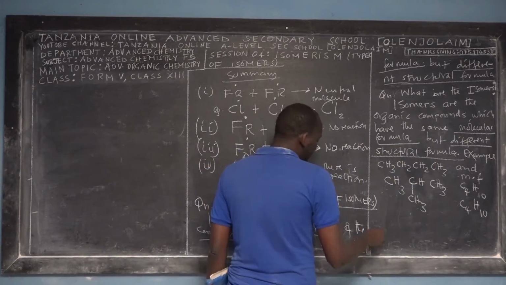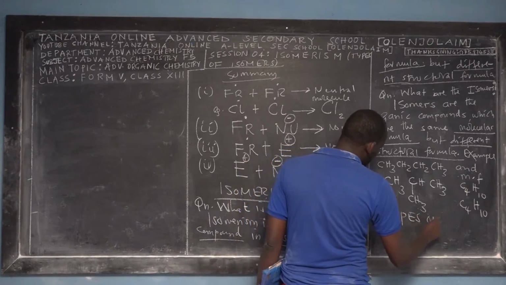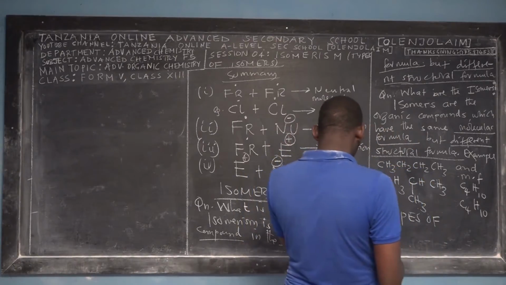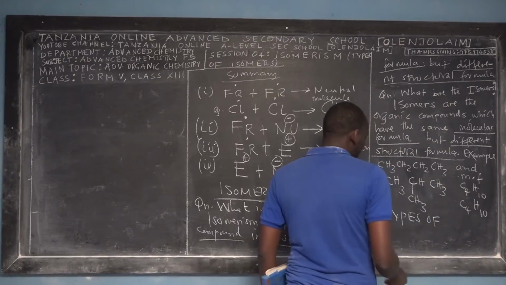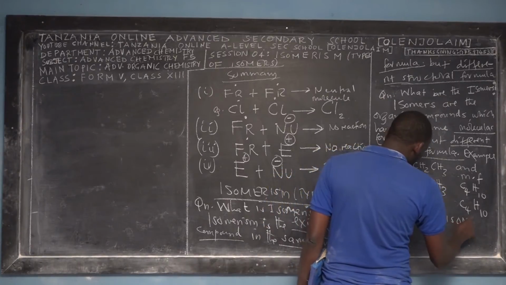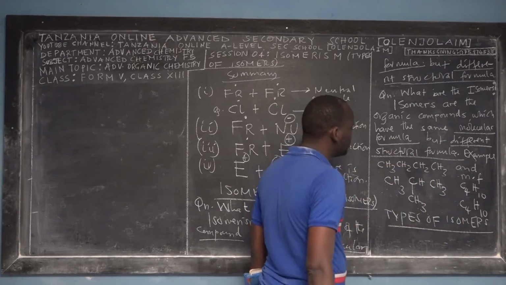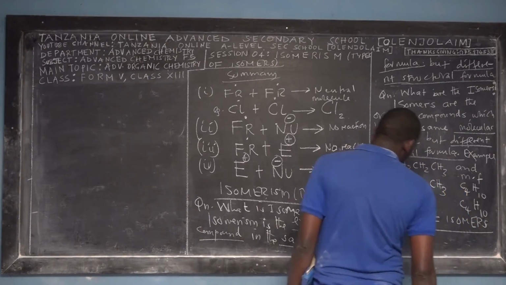Well, if that's the case, I would like to teach you the types of isomers. When you say isomers, bear in mind that they are organic compounds which have the same molecular formula but different structural formula.